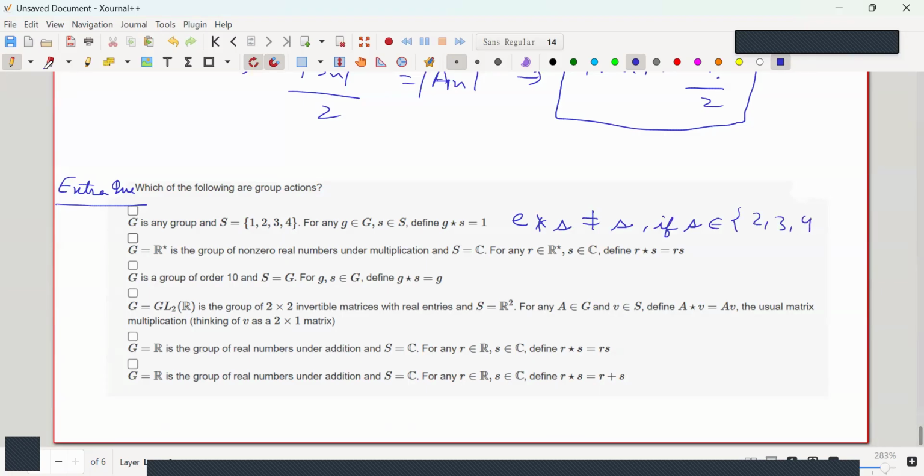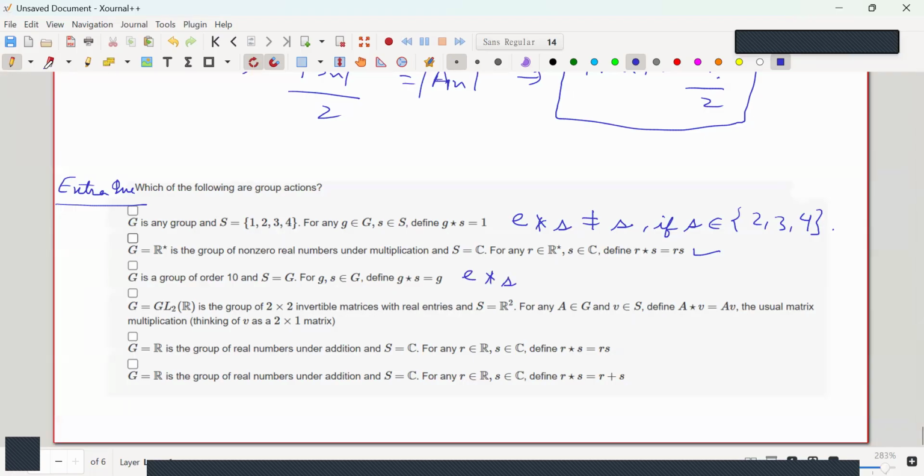What about the second one? This is a group action. So this we have already done, right? Yes. Third one, again not a group action. So identity times s should give s, but here it's not necessarily true.